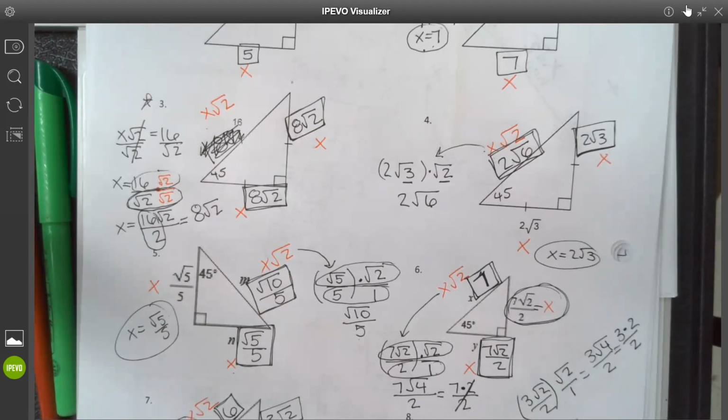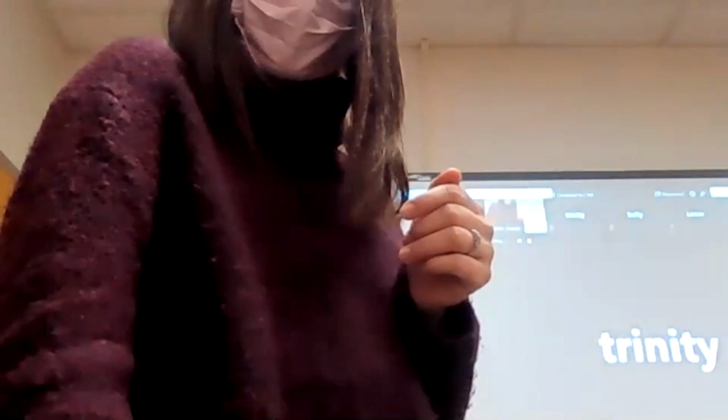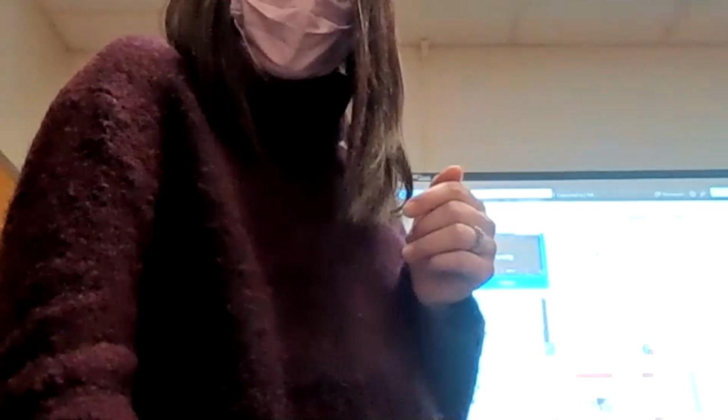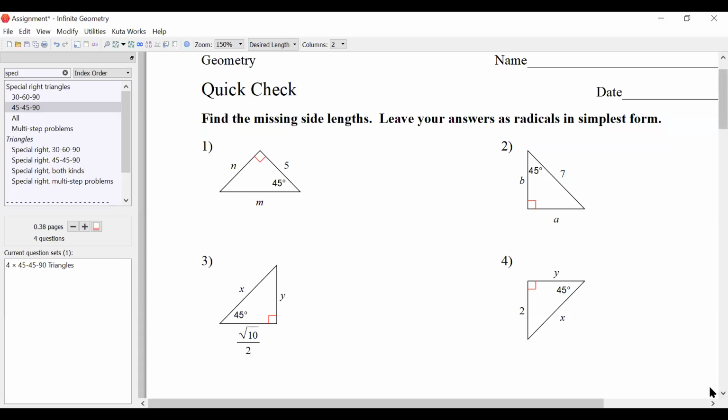So I'm going to put up 4 problems here, if I can find it, that are 45, 45, 90s. I will reveal. Why is this lighting up?